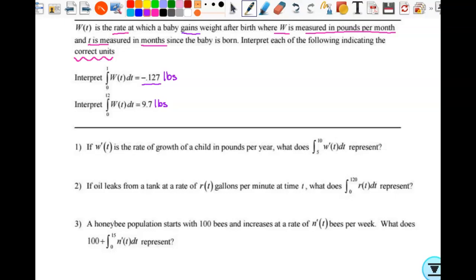No. Okay, so our interpretation can be that a baby loses 0.127 pounds in the first month. Something like that. So it's not over any month. It's from 0 to 1 month, so it's in the first month of its life. Does that make sense?